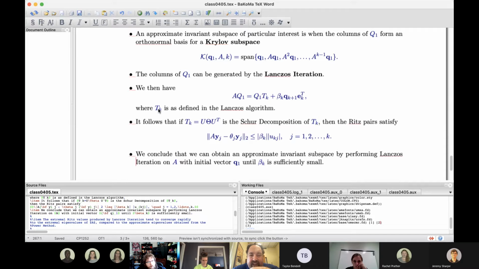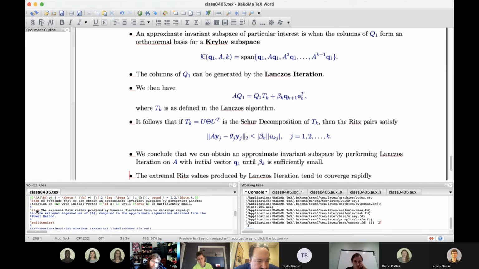The tridiagonal matrix TK had the alphas along the diagonal, and then the betas above and below. That's what I'm referring to here. So if one of these subdiagonal entries of TK becomes small, then you stop the Lanczos iteration, and you get the eigenvalues and eigenvectors of TK, which hopefully will be much smaller than A. And that will lead you to very good approximate eigenvalues and eigenvectors of A.